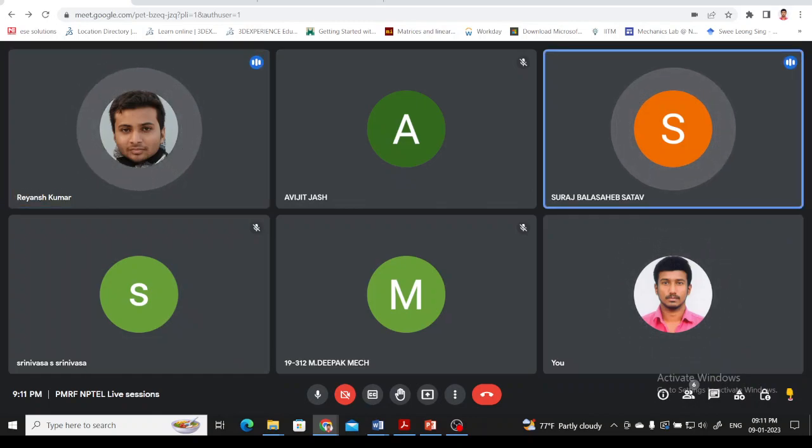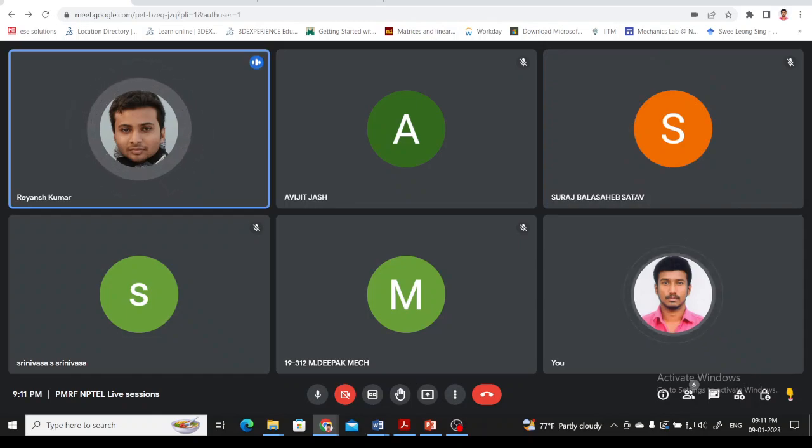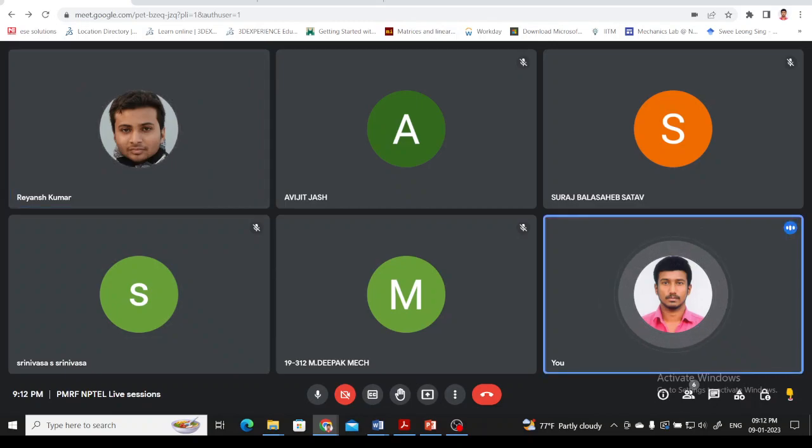So what is the cutoff marks for top IITs in GATE? For the top IITs, I can't be very sure about the marks, because marks vary from year to year.